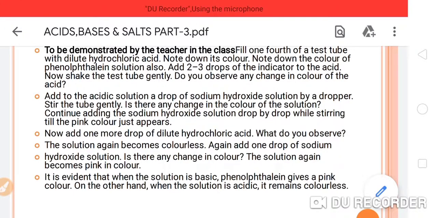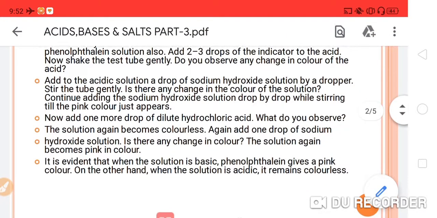In the second step, add 1 or 2 drops of sodium hydroxide solution with a dropper and stir the tube gently. Is there any change in the color of the solution?